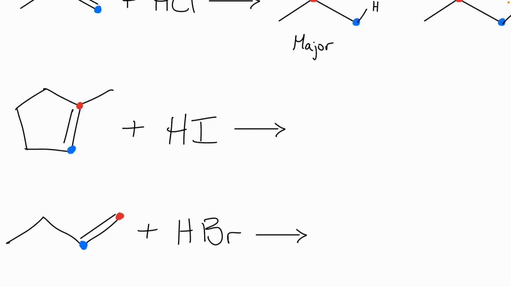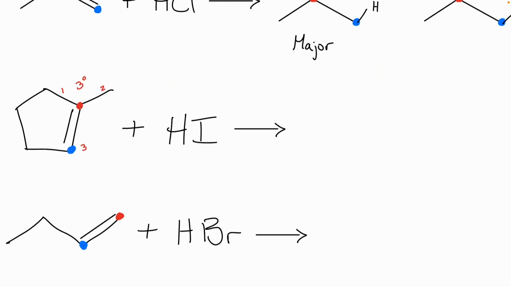All right, for this first one, remember we have to figure out which of these carbons is more highly substituted. Just to be clear, how do we determine the degree of substitution? We count how many carbon-carbon bonds, for example, this red carbon has. So that'd be 1 carbon neighbor, 2 carbon neighbors, 3 carbon neighbors.